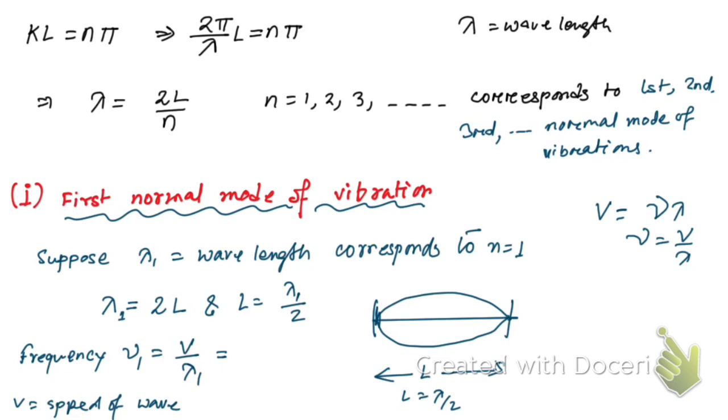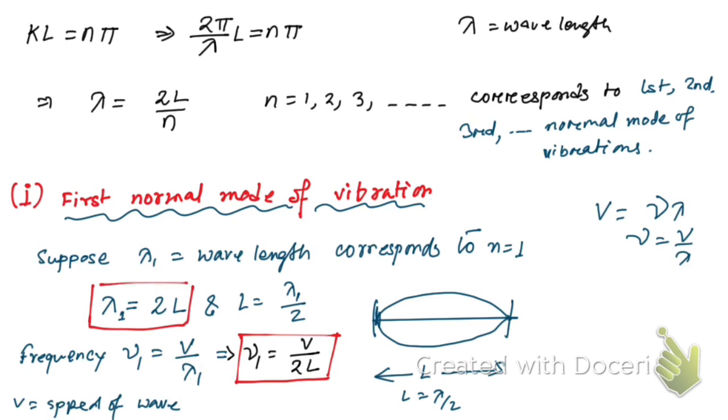Since lambda is equal to 2L, we can write that nu 1 is equal to v by 2L. That's what we can write. Hope you have understood this.